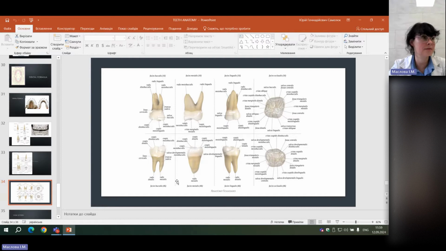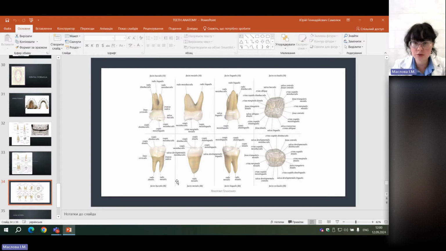I can't tell you exactly the number of roots when we discuss the third molars, or wisdom teeth, because it's very individual for all of us.